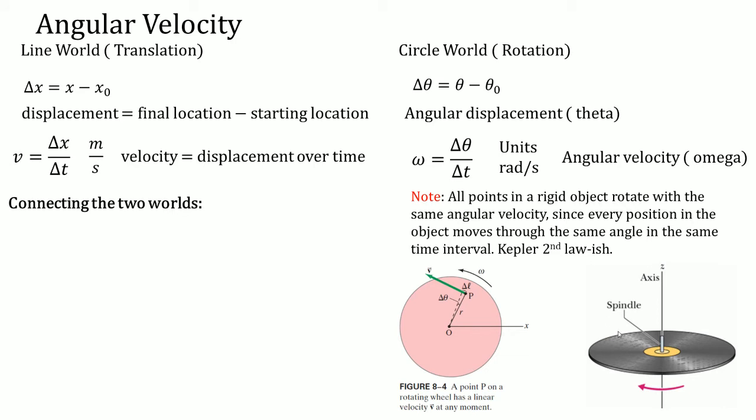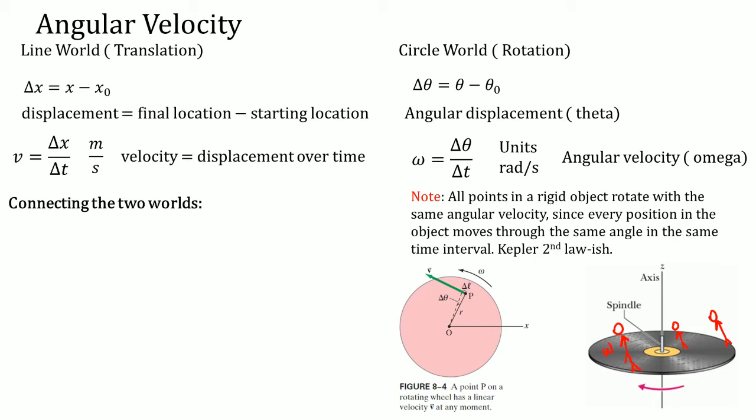What I want you to see is that all points in a rigid object will rotate with the same angular velocity, since every point in that object moves through the same angle in the same time interval. This is like Kepler's second law. So if you put an object here, or an object in the corner, or the object right here in the middle, all of them will experience the same angular velocity.